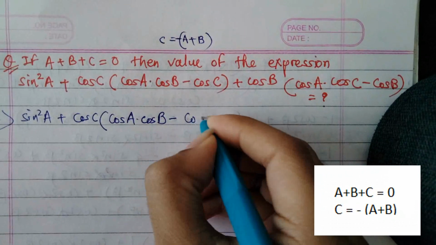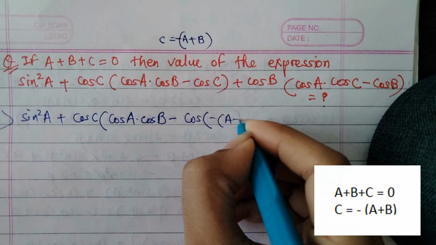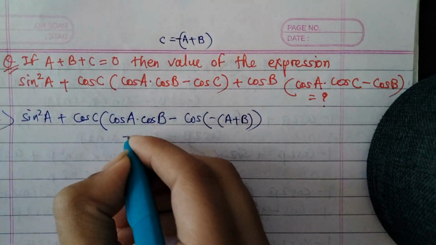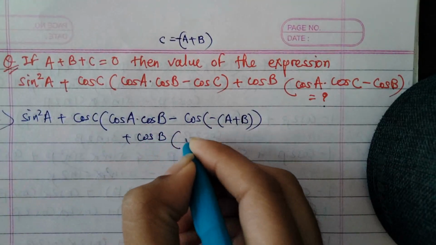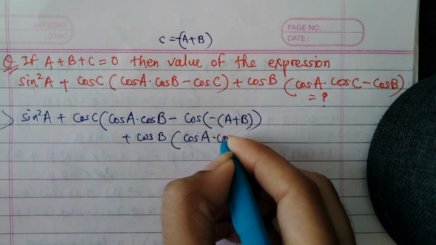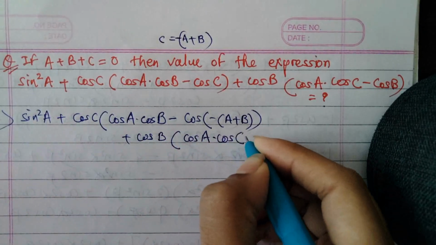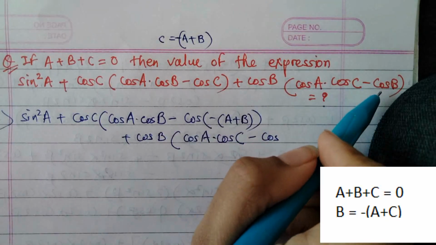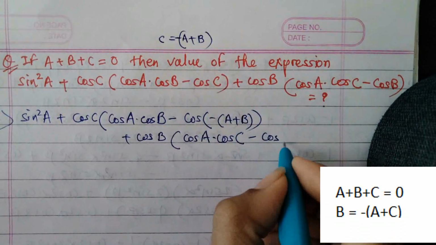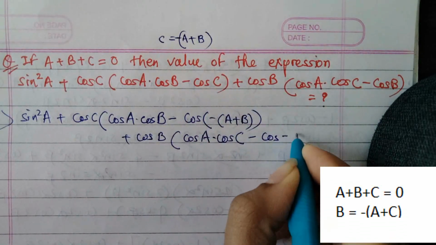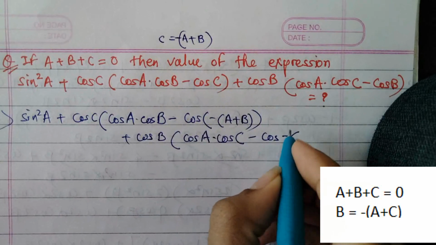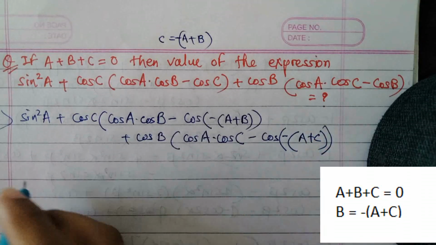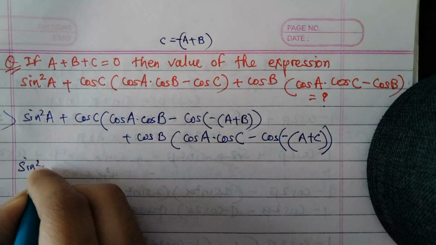So this angle will be cos of minus of A plus B, plus cos B into bracket cos A into cos C minus cos of B. Now cos of B can be written as cos of minus of A plus C, right?